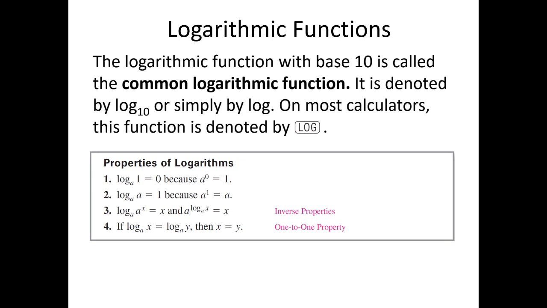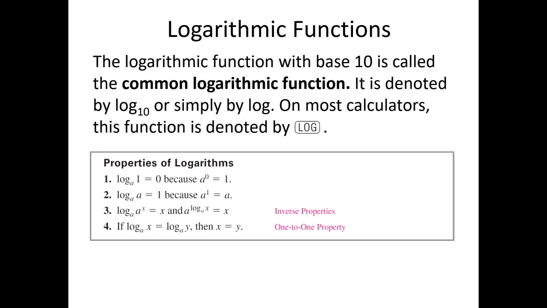This one's my identity property. When I have a log of base A and my input is A, I'm always going to get 1. For the exponential, A to the 1 is just A. Yes? Okay. So this third one is an inverse property. These are very similar to taking the square root and squaring it.